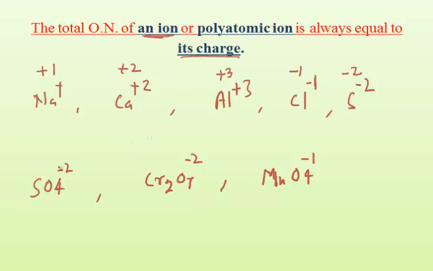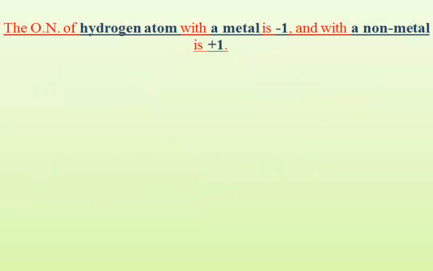SO4 has a total charge of -2, that is why its total oxidation number will be -2. Similarly, Cr2O7 has a -2 oxidation number equal to its total charge. The same goes for MnO4, which has a -1 charge, that is why its total oxidation number will be -1.